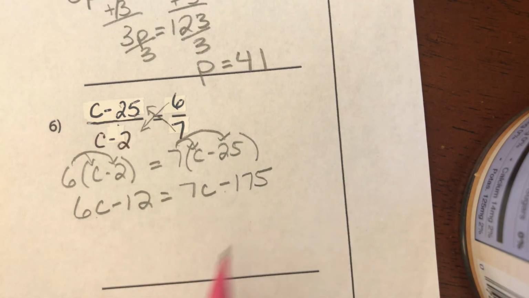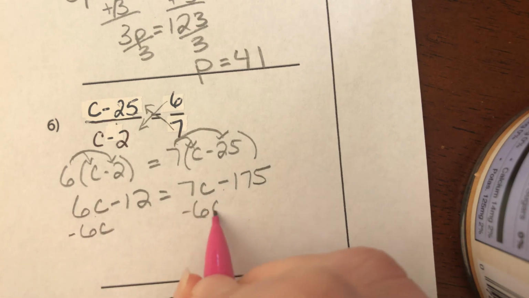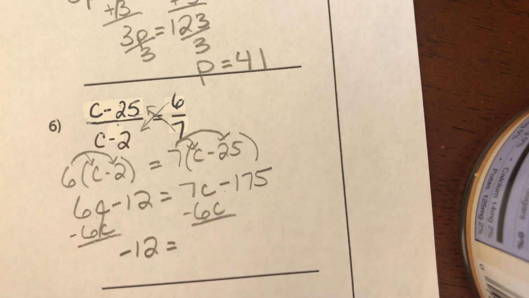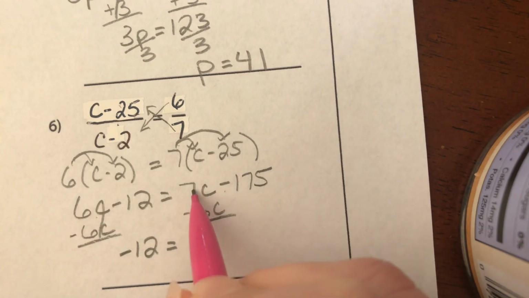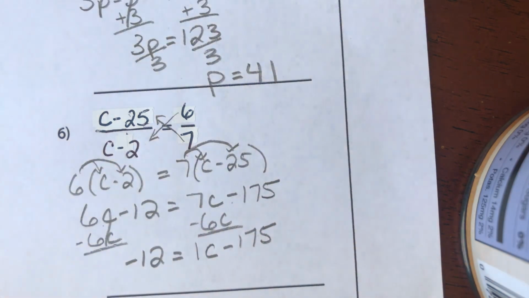Variables on both sides. My suggestion is to move the smaller variable. So I'm going to subtract 6c from both sides. We get negative 12 is equal to. So again, here's that 1c. Leave that 1 there. Might help you out. Now it's a 2-step.